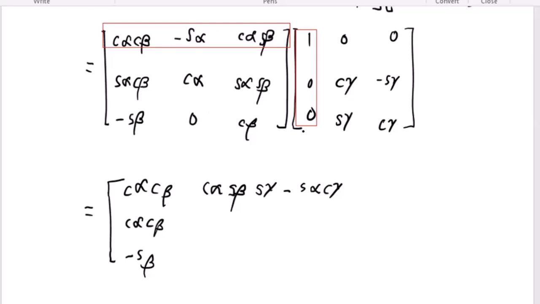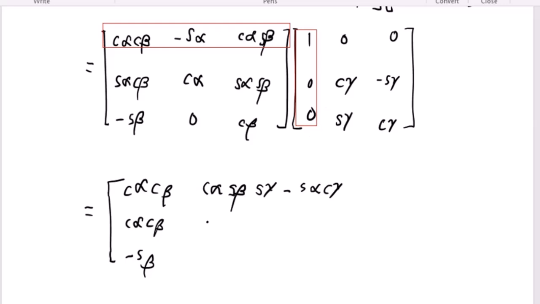Next, you go to the second. This and this. 0 times this is 0. This one, cosine alpha, cosine gamma. And this one, plus, it's longer. There is that one, it's long.